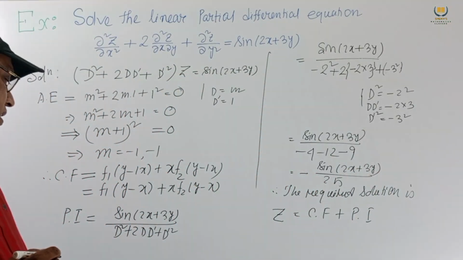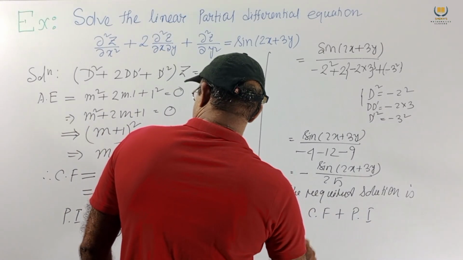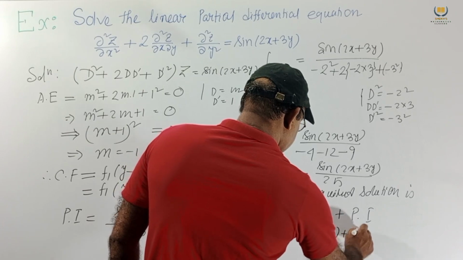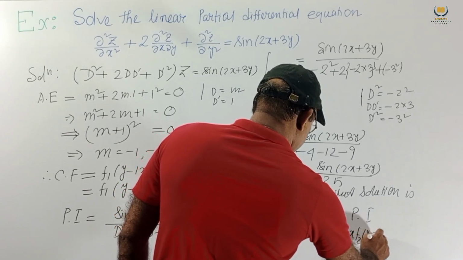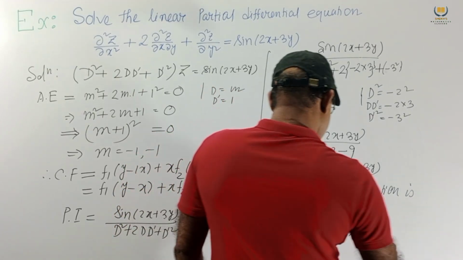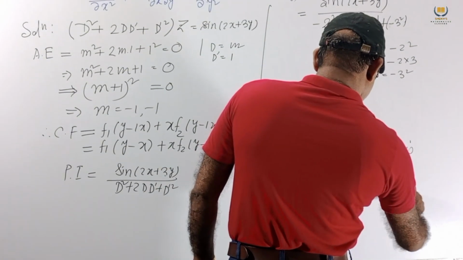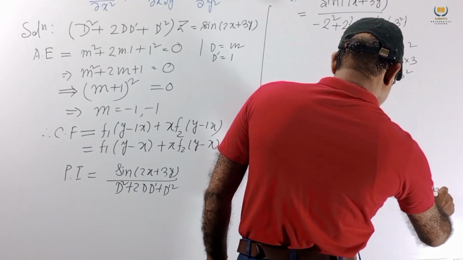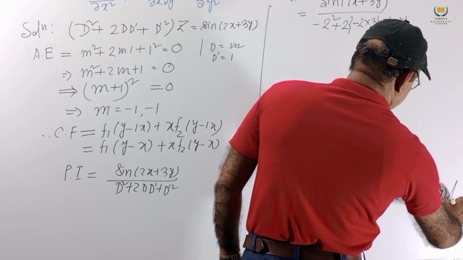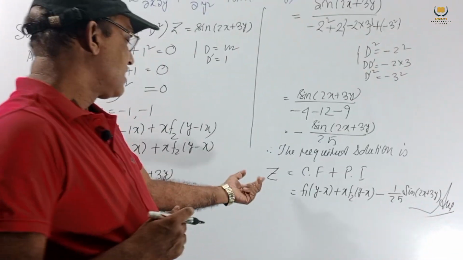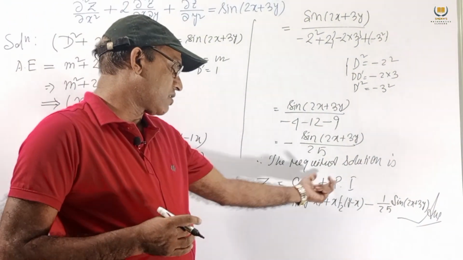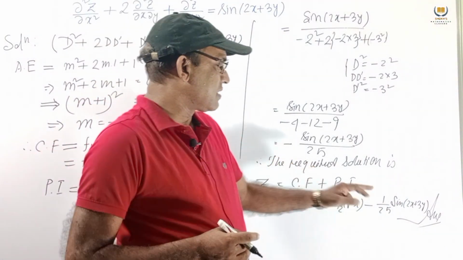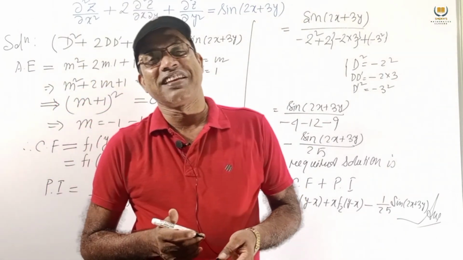CF is f1(y - x) + x f2(y - x), plus PI, which is -1/25 sin(2x+3y). This is our final answer, the required or general solution: complementary function plus particular integral. These are very easy and very interesting also.